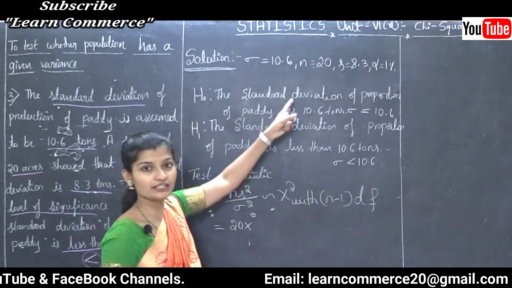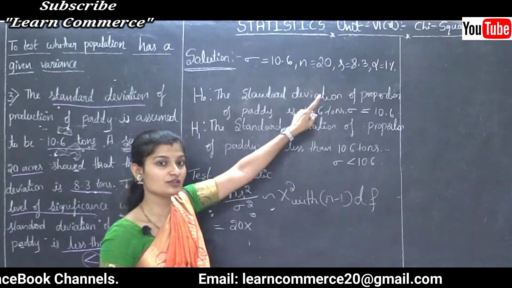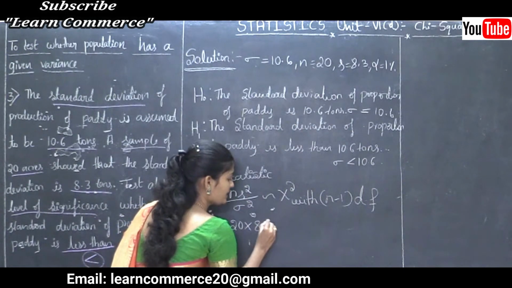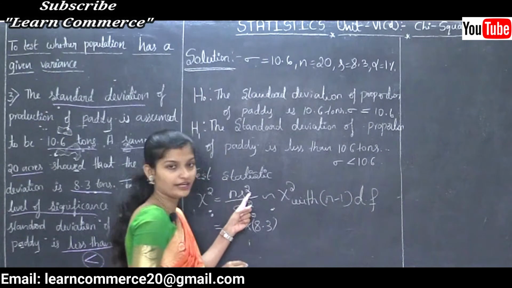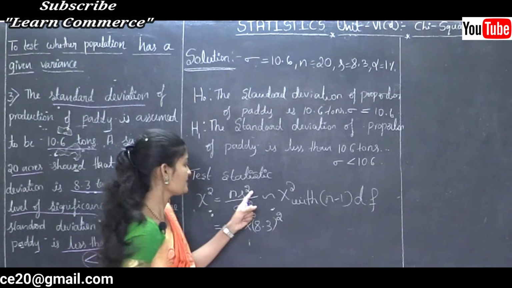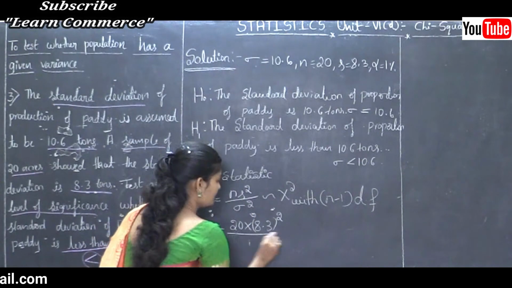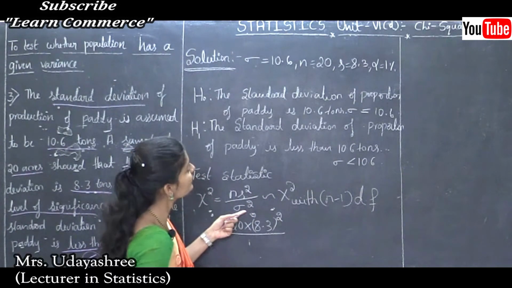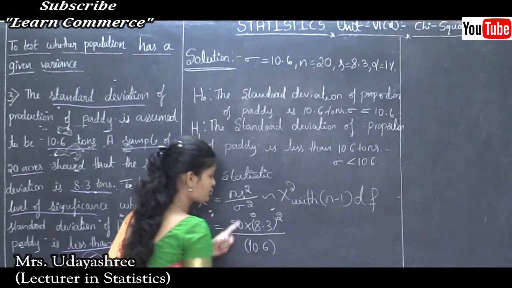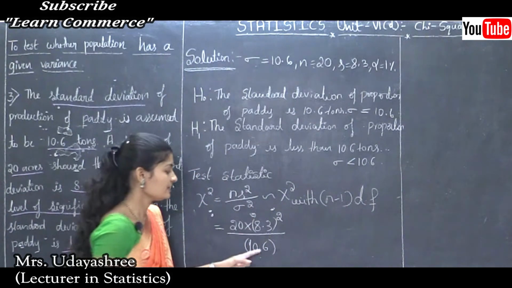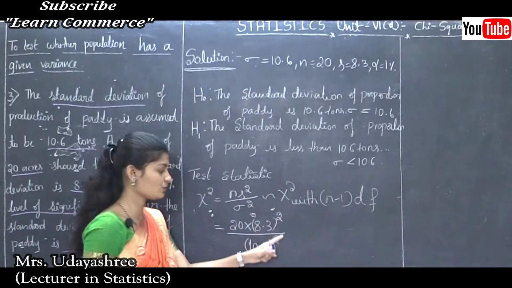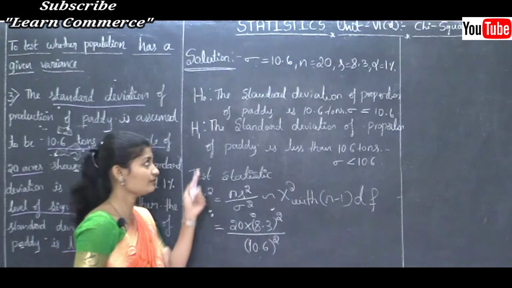In the problem they gave the standard deviation observation, that is 8.3, but here we need variance. So the square of the standard deviation is the variance, divided by sigma square, where sigma value is 10.6. Here sigma is the standard deviation, and we need variance, so we take the square of that value.